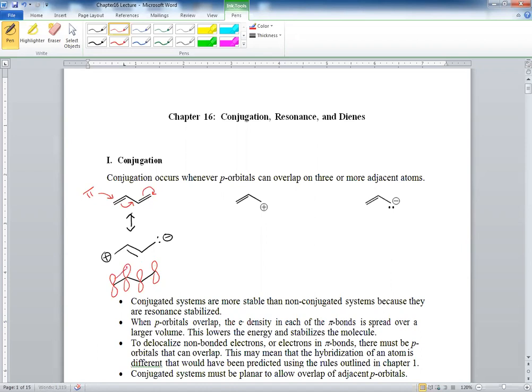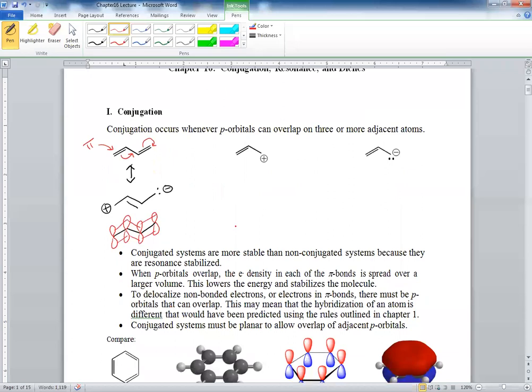So if you notice here, there's an overlap between them. This is why we say conjugated systems are more stable, because they are resonance stabilized. And of course, the electron density of the pi bonds is spread over a larger volume. So this lowers the energy and stabilizes the molecule.